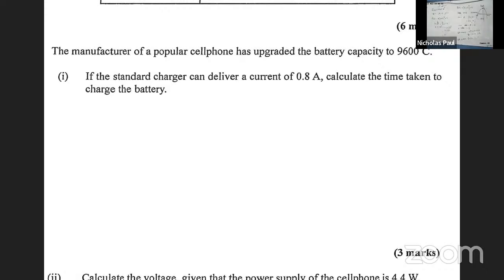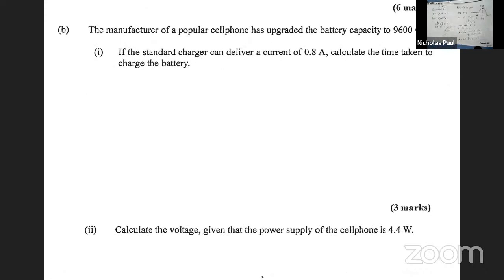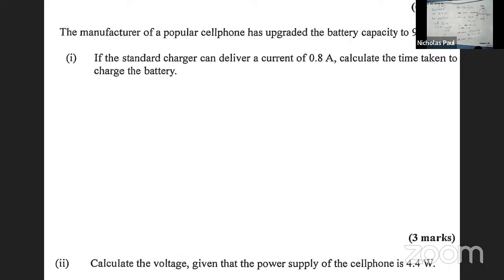We have Q and we have I. What formula do we use then? Q is equal to IT, and make T the subject fast. You can do that mentally, right? And then they give you power, find voltage.